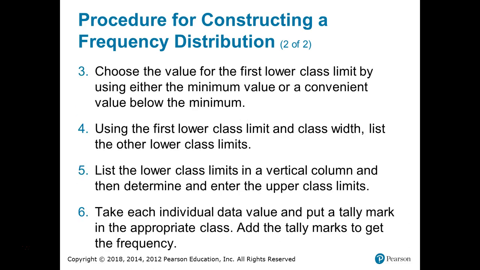Next, you choose the value for the lower limit, which is either going to be the minimum value or a convenient value slightly below the minimum. Again, maybe if the lowest minimum value was 18, but you say, okay, it'll be easier for me to have it start at 15, just to keep it consistent, and it's more convenient to work with multiples of 5. So using the first lower limit and class width, now we can create our chart.